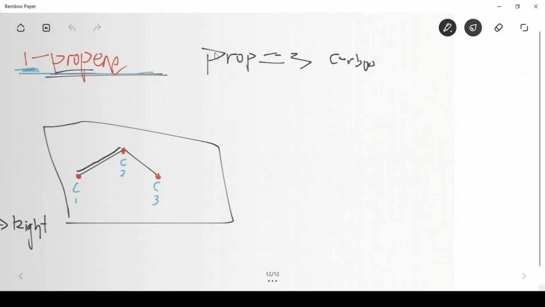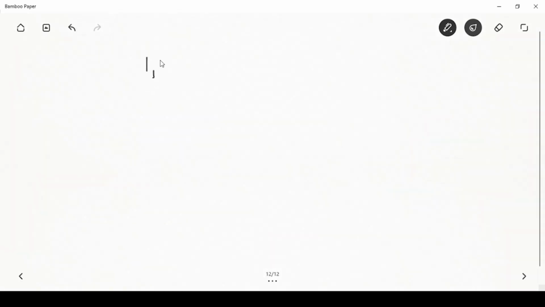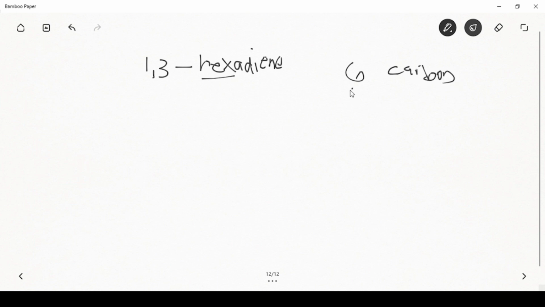Okay, the given here is 1,3-hexadiene. Now, hexa means 6, and 6 carbons. So therefore 6 edges. So 1, 2, 3, 4, 5, 6.